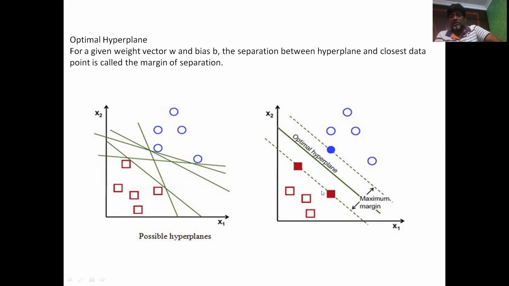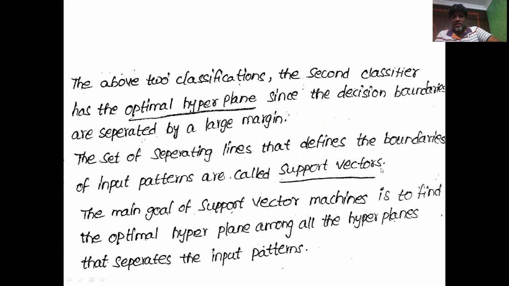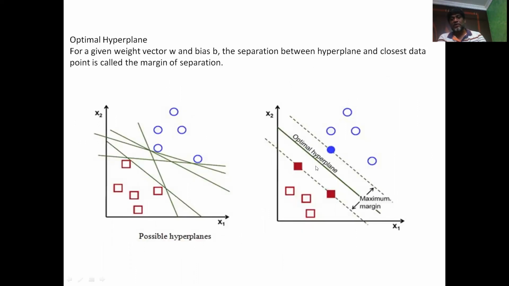I will explain what support vectors are and how we identify them with the help of examples later. As of now, just imagine that support vectors are the points that define the boundaries of input patterns. The main aim of the support vector machine is to find the optimal hyperplane as shown in this diagram. That will be our main goal with SVM.